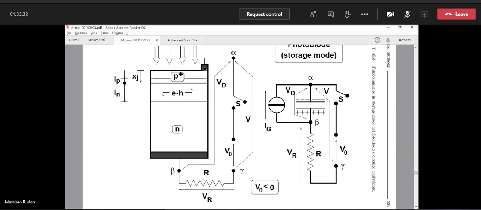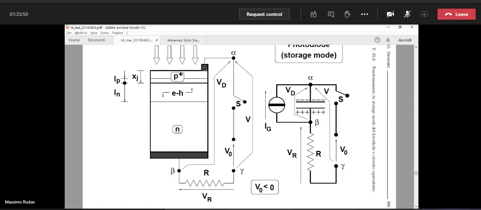Then the photons that survive the absorption in the neutral region of the p-type enter the space charge region of the junction.